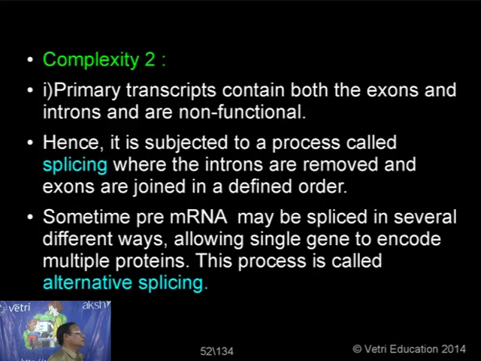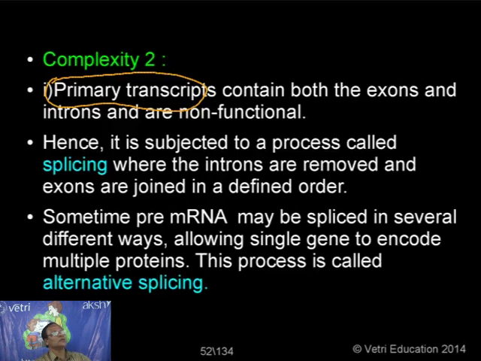Now complexity number 2. The primary transcript, the one formed immediately as soon as transcription is over, having both exons and introns, is the unprocessed mRNA transcript, also called heterogeneous nuclear mRNA.